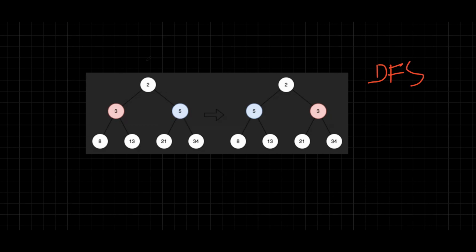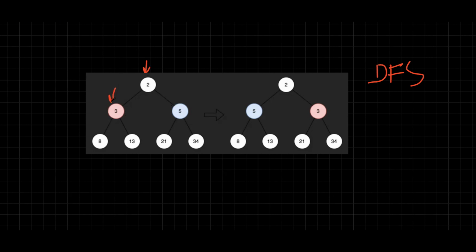So how does the DFS basically work? For each of the node, we will calculate the level. And if the level is odd, we have to simply swap the value. So here, this is the root, right? Now, we have to recursively call the DFS function with two of the nodes.